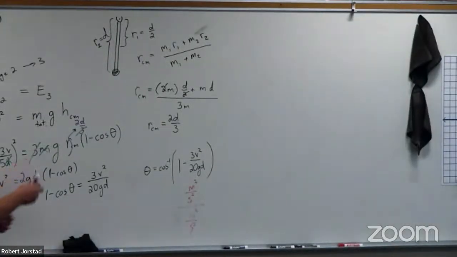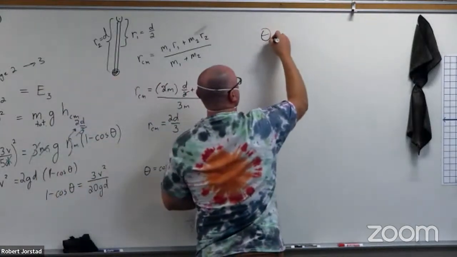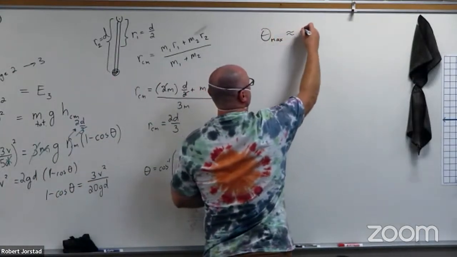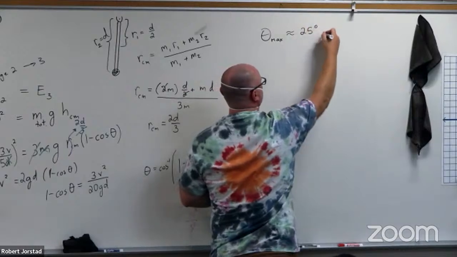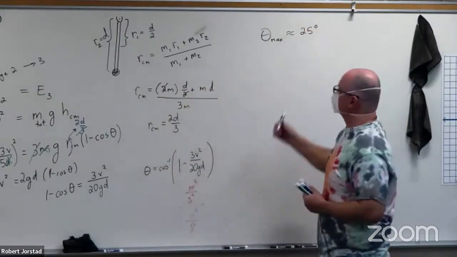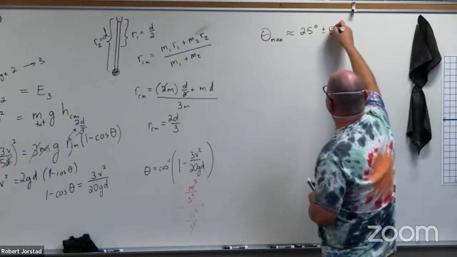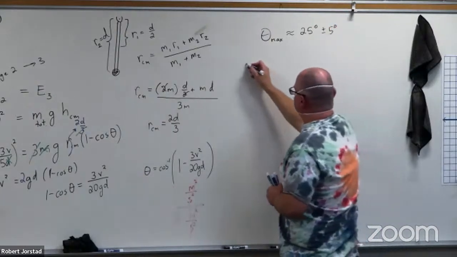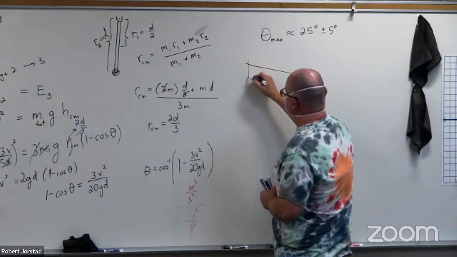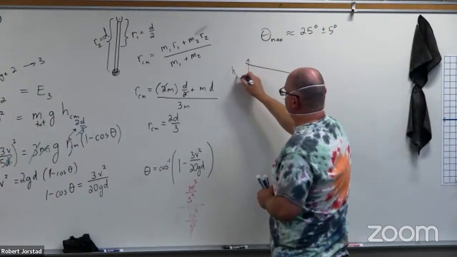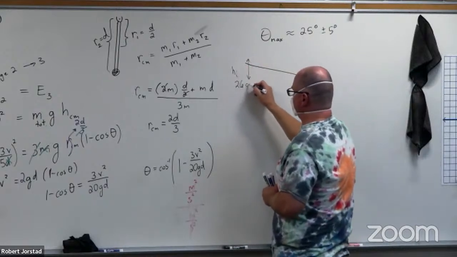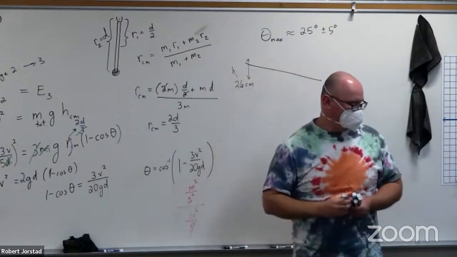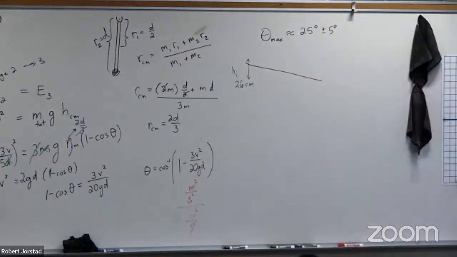So if we wanted to actually do this, we saw that theta max was about 25 degrees, plus or minus maybe 5 degrees. And then we say we started out with height initial of 26 centimeters. And for this one, I think we've got the masses of these things. The meter stick is 77 grams, and this one is, let me just check real quick.